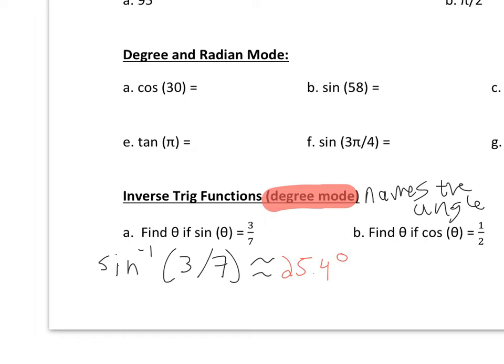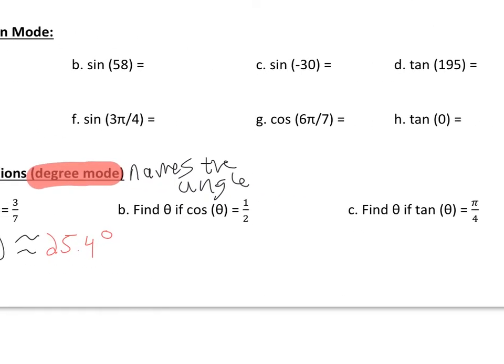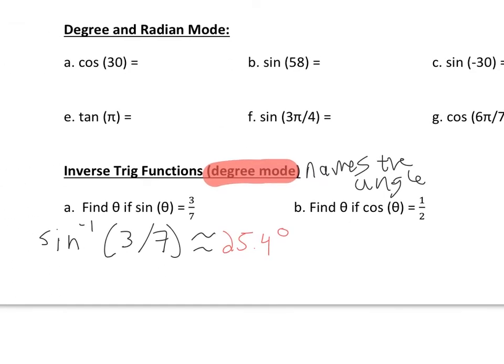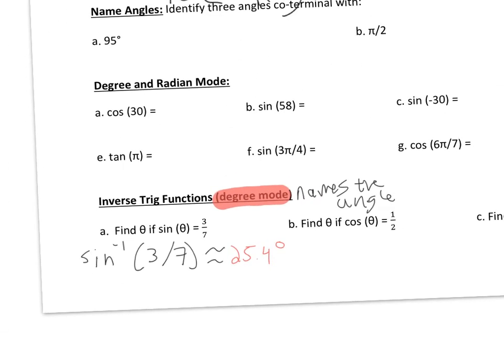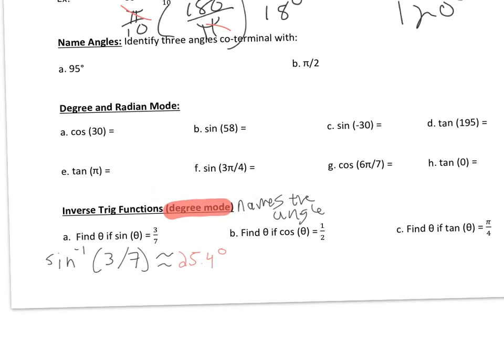Okay, and you'll find some interesting things for the cosine inverse of 1/2. My guess is you'll probably see that's going to be 60 degrees. And the tan inverse of pi over 4, I'm going to let you guys play with that and see what you come up with. And again, I want you to maybe spend a little time doing some button pushing here on the examples up above.